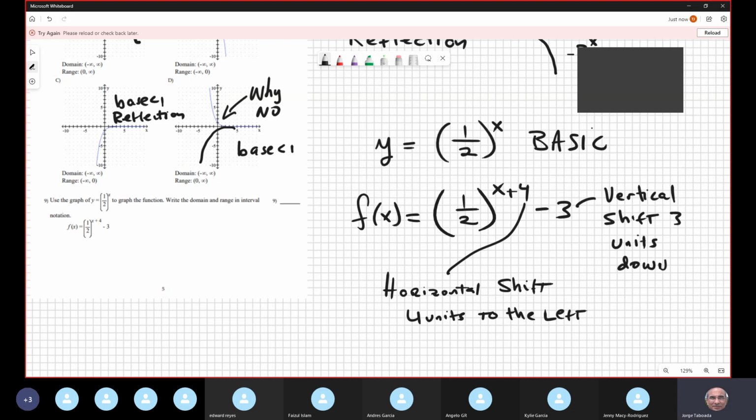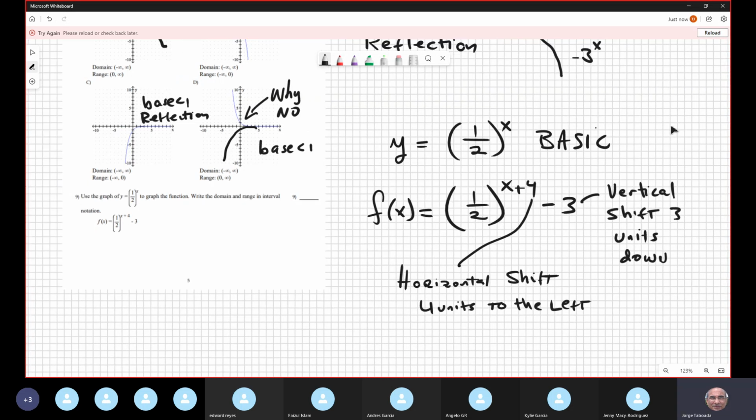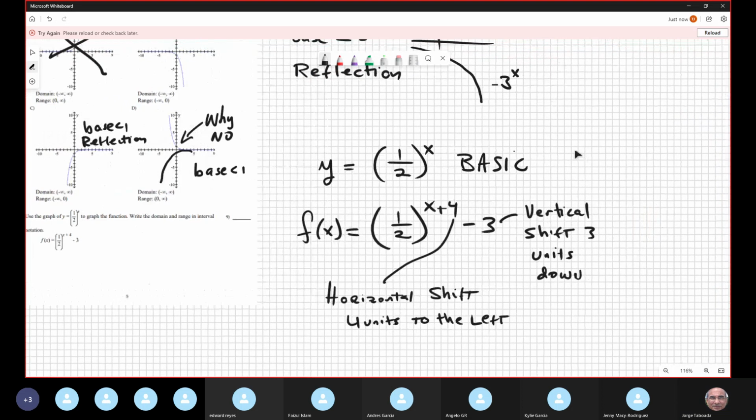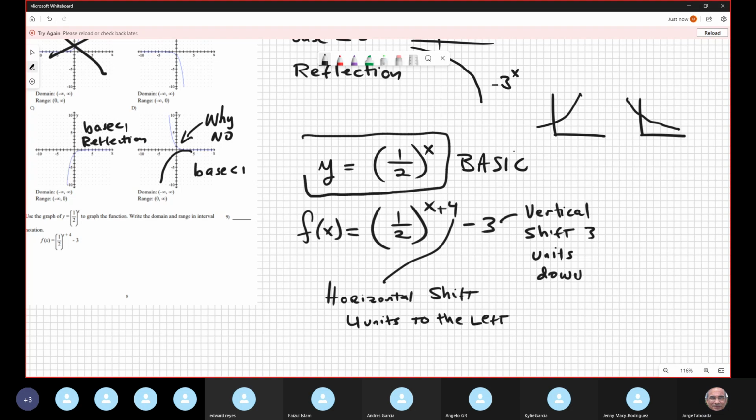Okay. And this basic function is exponential growth or exponential decay? So this is like that or it's like that. This base is decay. So I need to modify.